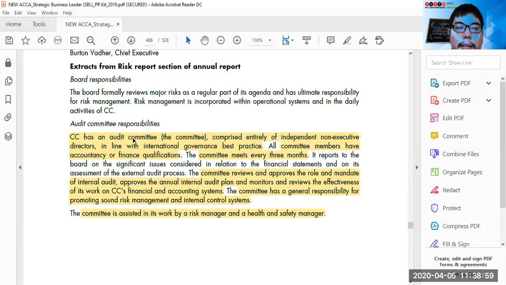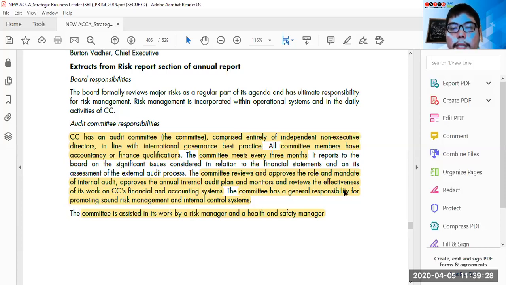So there's nothing wrong there; it's good practice to have NEDs. The committee meets every 3 months. It reports to the board on significant issues considered in relation to the financial statements and on its assessment of the external audit process. The committee reviews and approves the role and mandate of internal audit, approves the annual internal audit plan, and monitors and reviews the effectiveness of CC's financial and accounting system. That's the role of an audit committee.